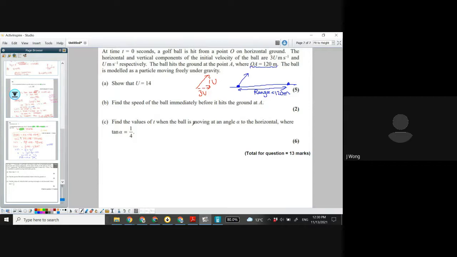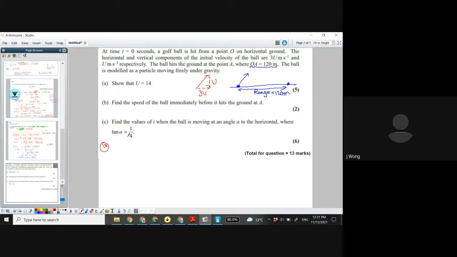Let's fill in the things that we know by default, no matter if we're doing A, B, or C. In projectiles, we'll always resolve into horizontal and vertical dimensions. Horizontally, because there is no force acting on it, it just travels at constant speed.